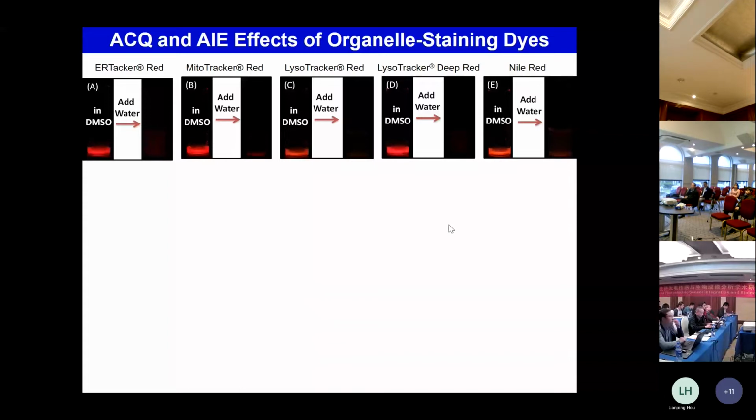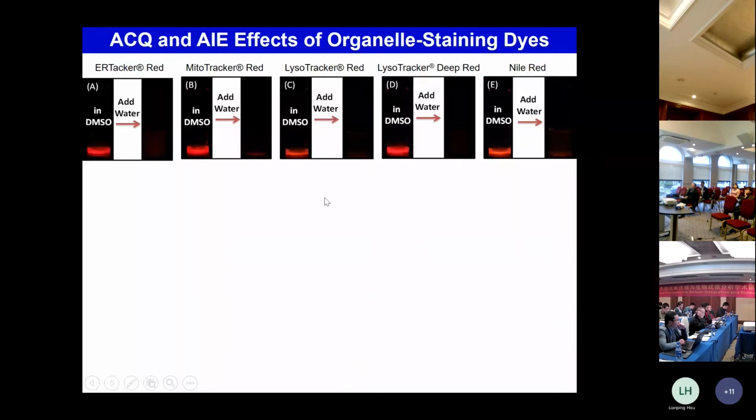Actually, in the market, there are many of these kinds of organelle staining dyes commercially available. You can see there's ER tracker, mito tracker and lyso tracker, but it doesn't matter what kind of tracker. You can see the common feature is that in the solution state, the emission is much brighter than in the aqueous medium.